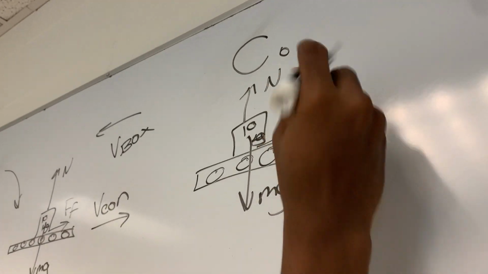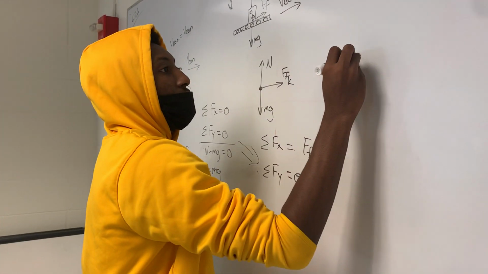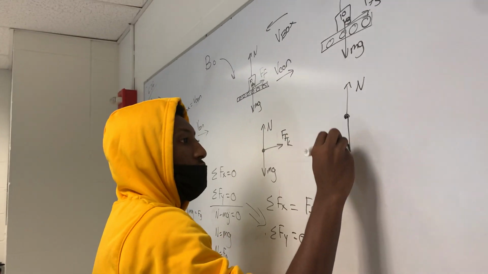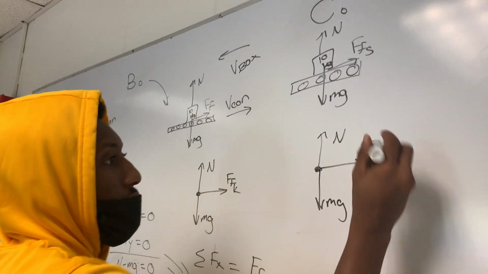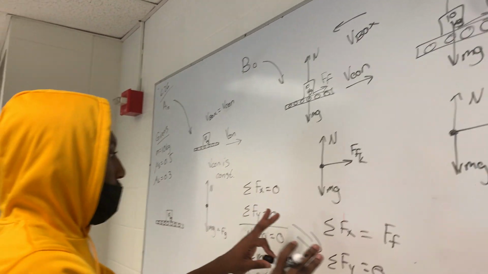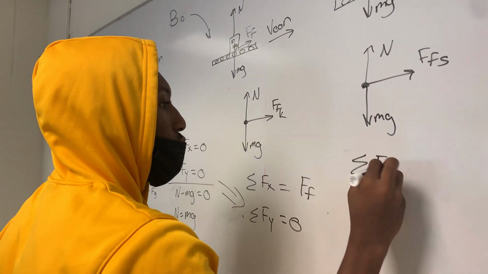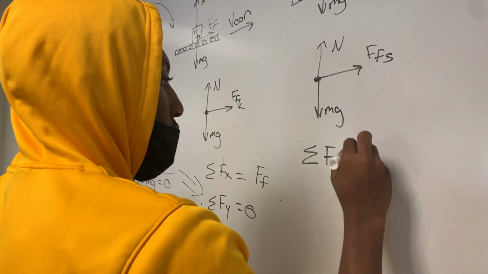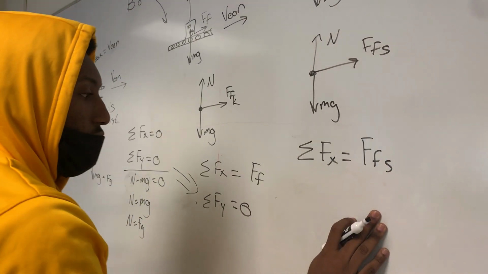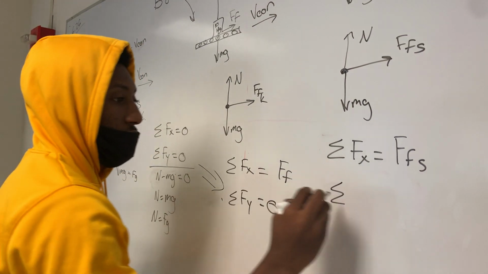So when we do the free body diagram: normal, mg, friction static. So we're going to do this process again. The sum of forces in the x is equal to the friction force static. And then this is literally the same again.